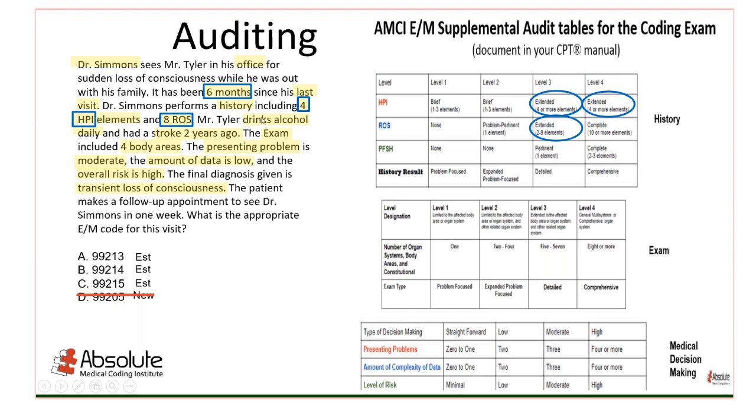And then he drinks alcohol daily and he had a stroke 2 years ago. So that would fall under the PFSH. So drinking alcohol daily, what is that considered? What part of our history is that? Yes, that would be the social history. So things such as if he drinks alcohol, he's married, he's divorced, he lives with his parents, something like that.